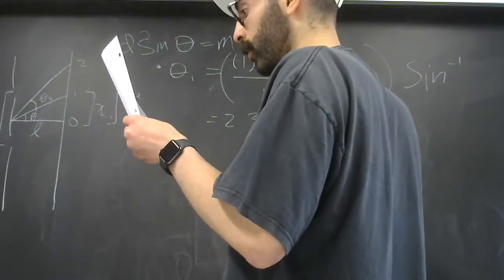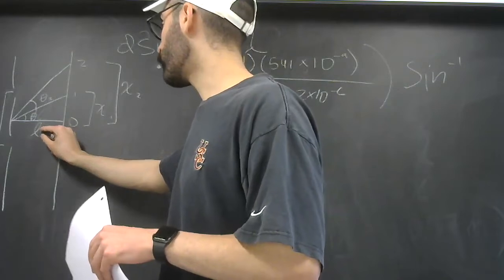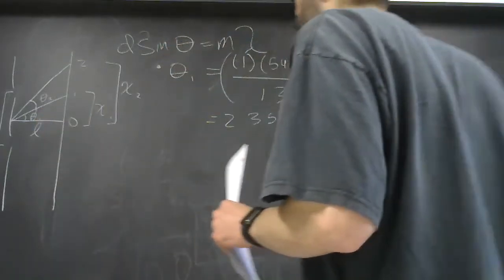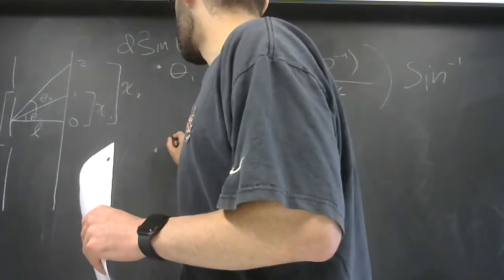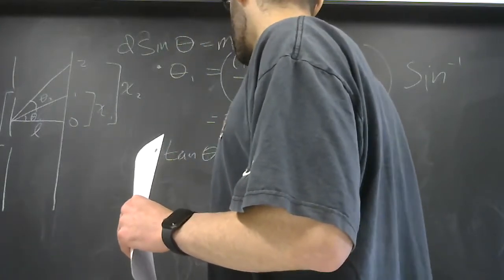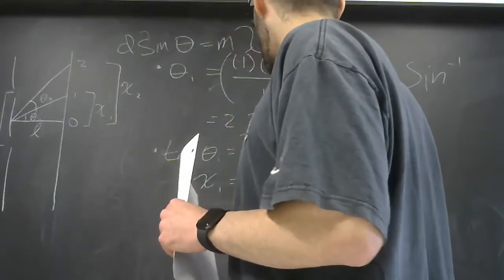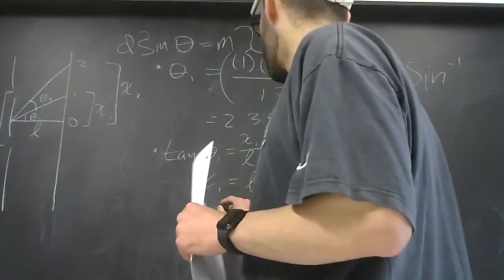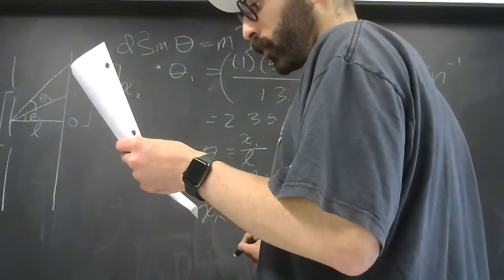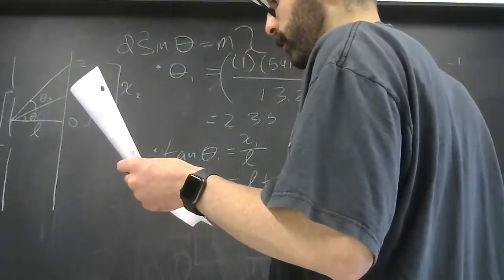right? So all we need to do next is use our tangent equation, because we know L, we know what this theta is now, but we don't know what that x1 is. So we can say tangent theta 1 equals x1 over L. So x1 equals L tan theta 1, which equals 0.164 meters.